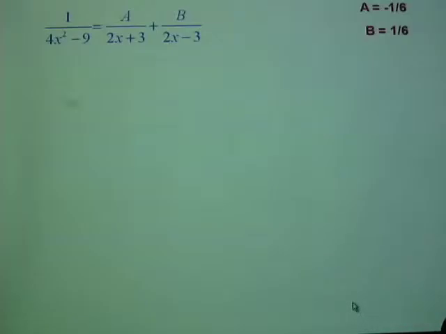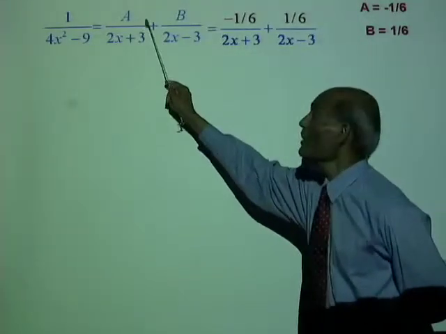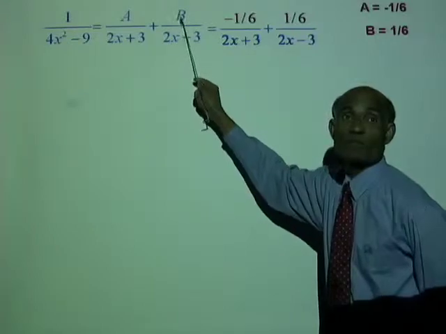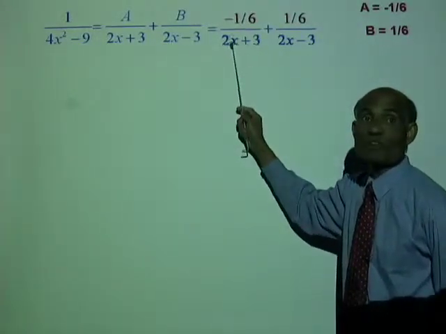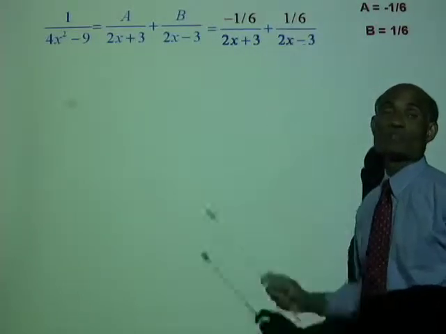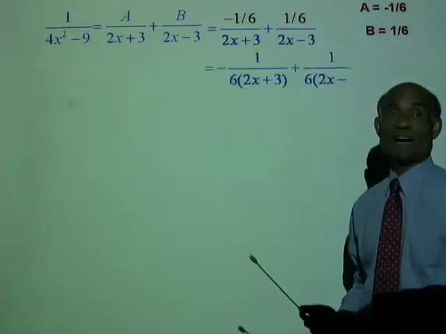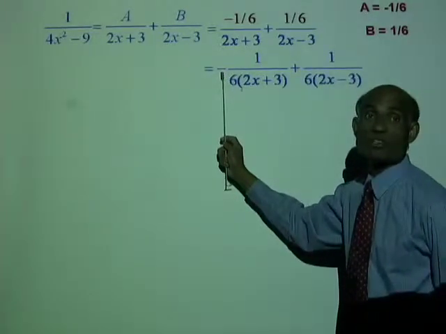Alright, let's write that down. So we have a over 2x plus 3 plus b over 2x minus 3 now become negative 1/6 over 2x plus 3 plus 1/6 over 2x minus 3. And that negative sign will make that whole quantity negative.